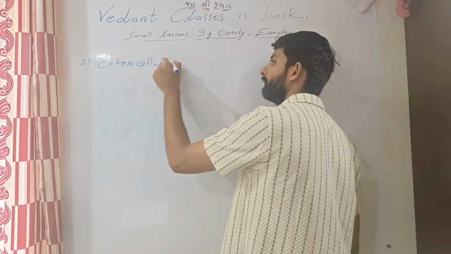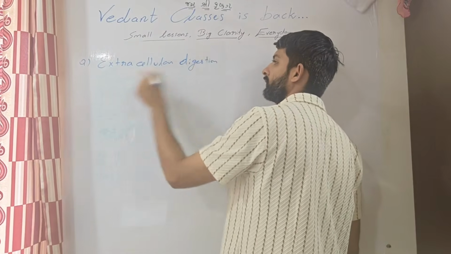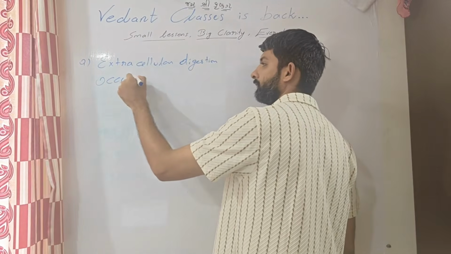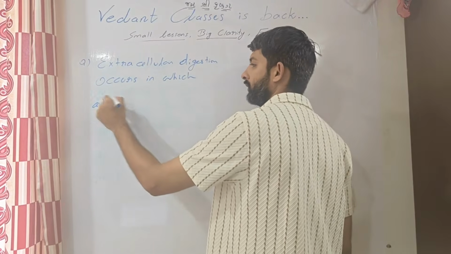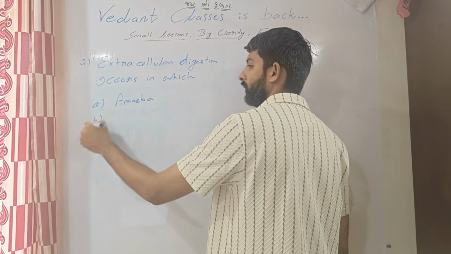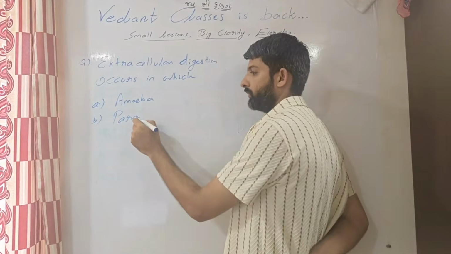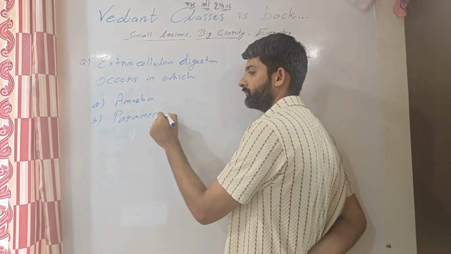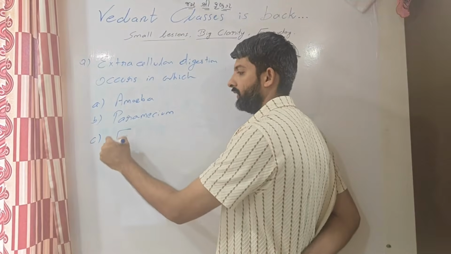Extracellular digestion occurs in which organism? Option A, amoeba. Option B, paramecium. Option C, fungi.